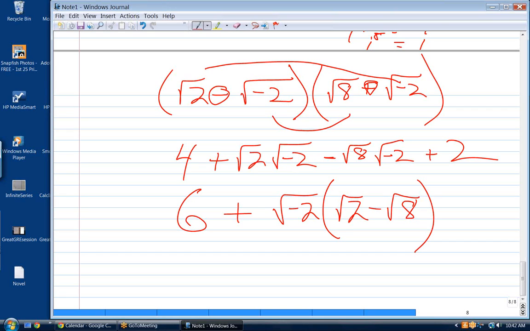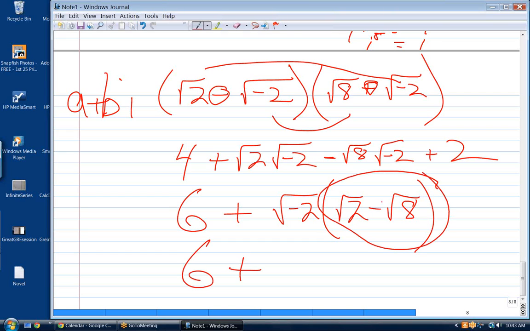Yeah. Okay. Now, if we want to turn it into a plus bi format, well, we have 6 plus, this is b, square root of 2 minus square root of 8, and this is not i, but square root of 2 times i.